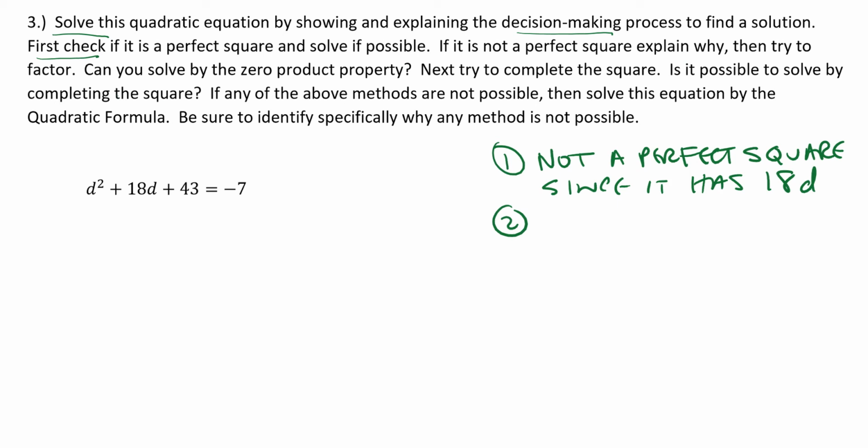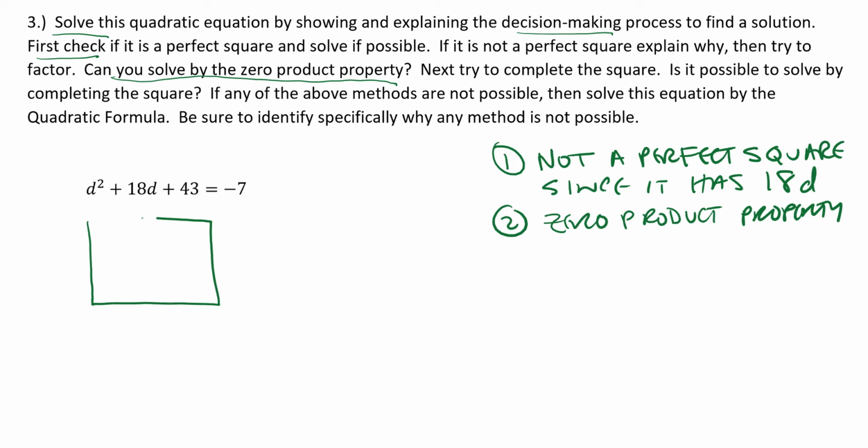So we did that. Then it says, can you solve by the zero product property? Okay, so to do that I have to check to see if I can factor it.